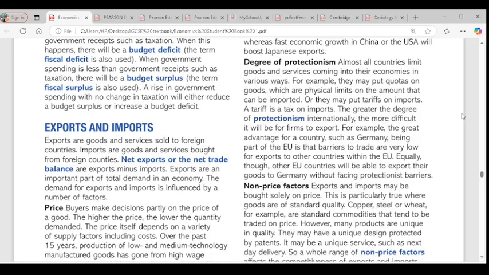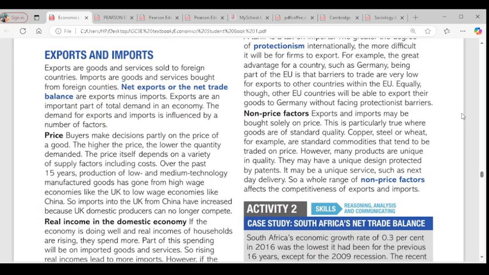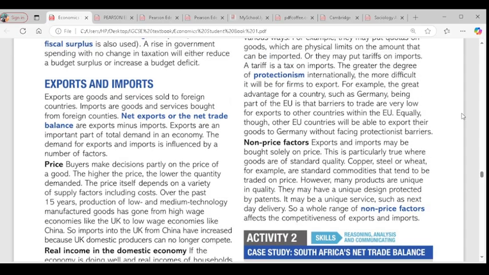Quotas simply means placing a physical limit on the quantity of importation. And tariffs means you are putting taxes on importation. So this can also determine the level of exports and imports within the economy. Is it clear? We talked about protectionism, that's all.